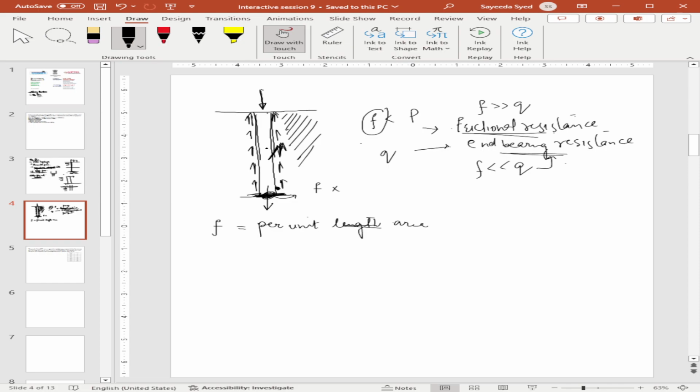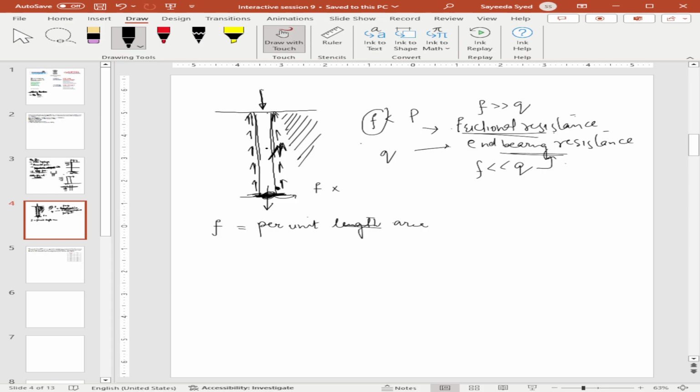For a cylindrical pile, it will be the perimeter multiplied by the length, the curved surface area. For a square pile, again it will be the perimeter multiplied by the length of embedment. So we have the unit frictional resistance and we multiply it with the area.